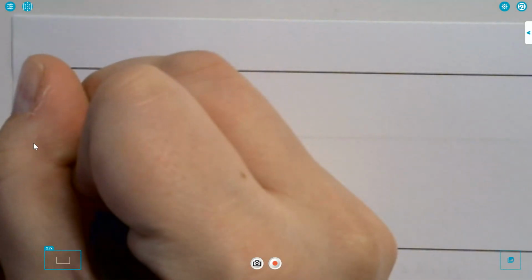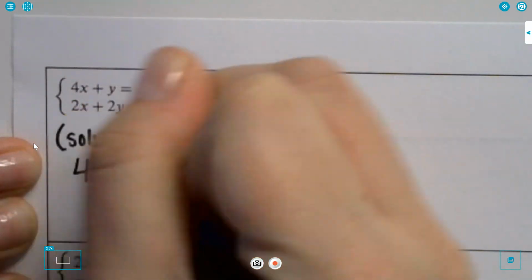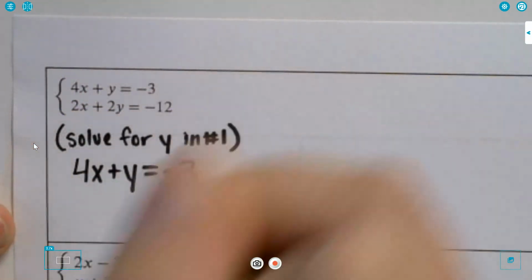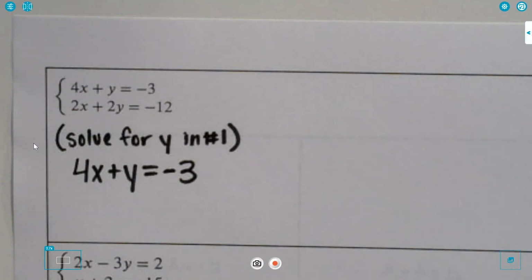So I'm going to take that equation, 4x plus y equals -3. And I am going to solve for y. So I'm going to subtract 4x from both sides.